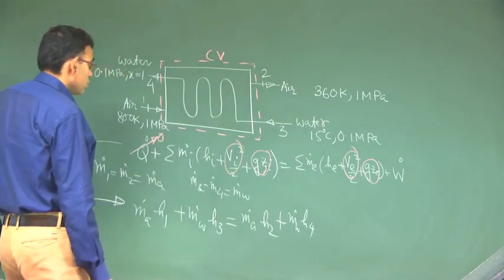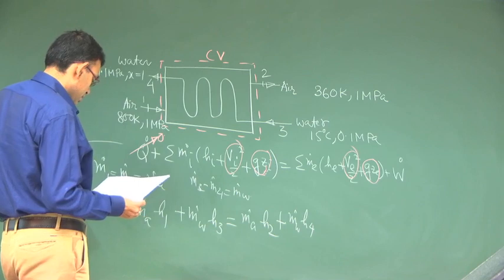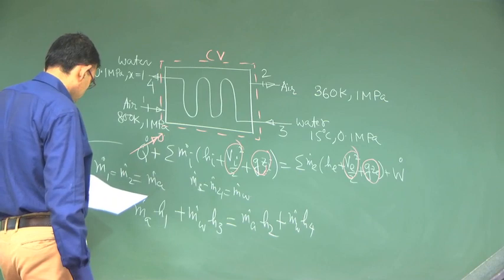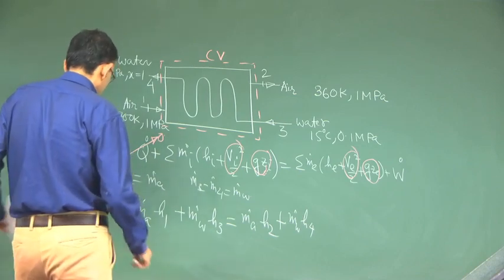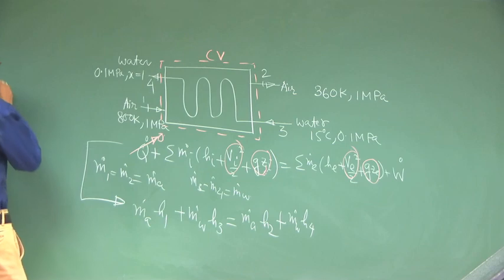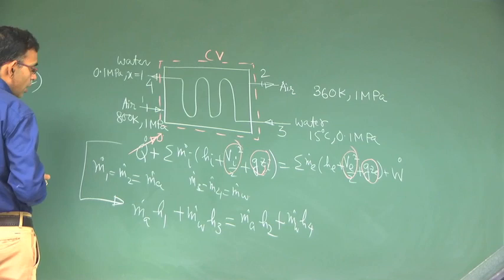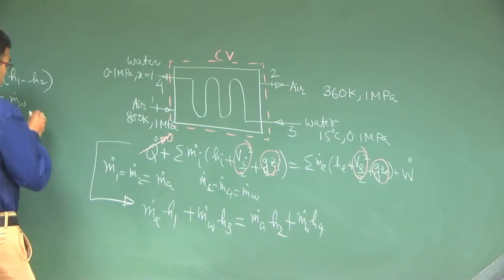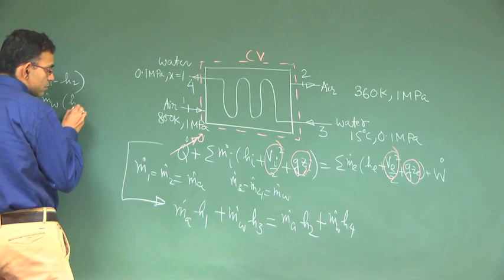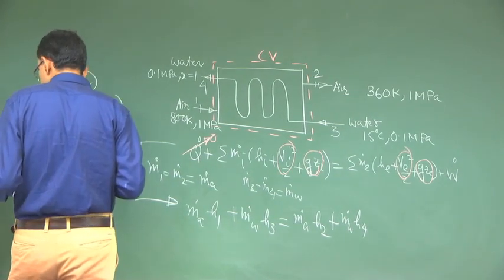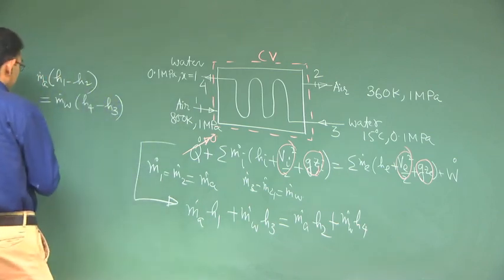So, what is asked is the ratio of m dot water by m dot air. So, m dot air into H1 minus H2 equals m dot water into H4 minus H3.